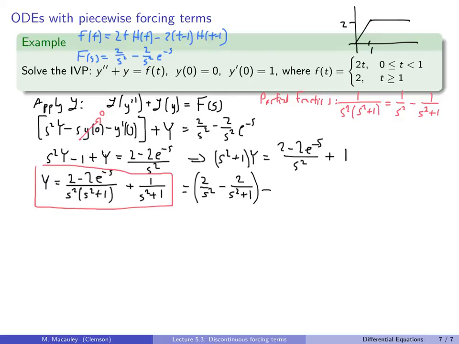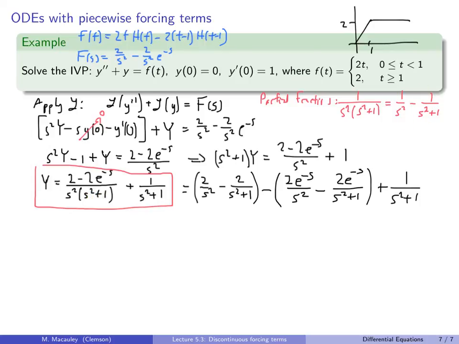That's minus 2e to the minus s over s squared minus 2e to the minus s over s squared plus 1. And then this last term right here is 1 over s squared plus 1. So again, these two terms come from 2 over this fraction broken up according to this, and then these two terms come from this fraction broken up according to this.